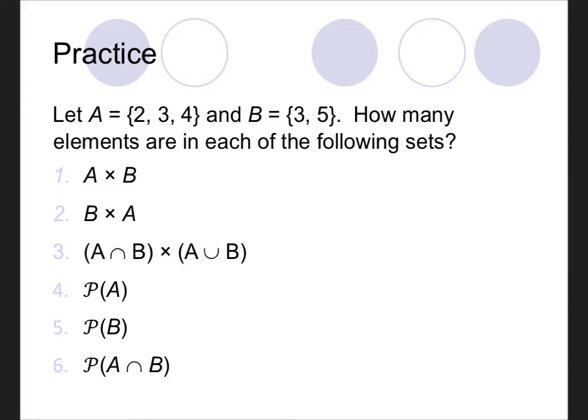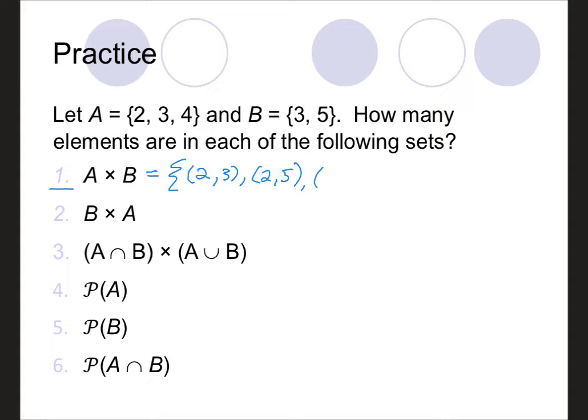So let's say we want to look at number 1 here, A cross B. Well, then we're looking at all ordered pairs where the first element comes from A. So let's start with 2, and that gets paired with every element from B. So it would look like that. That would be 2 elements in this set.